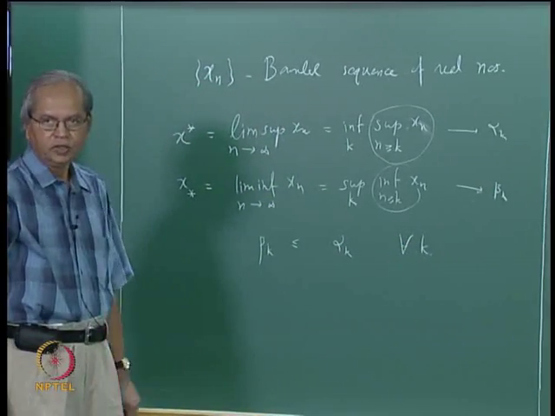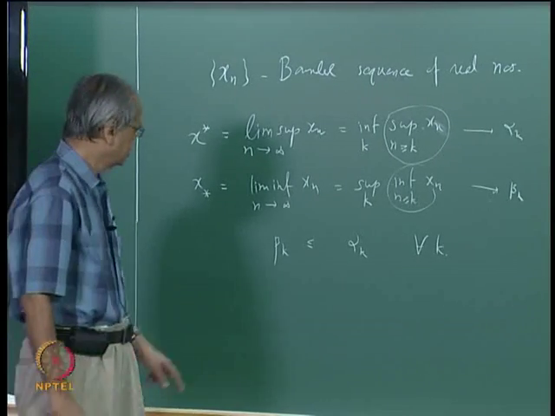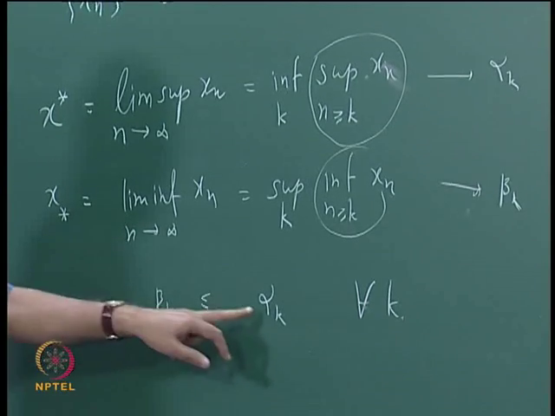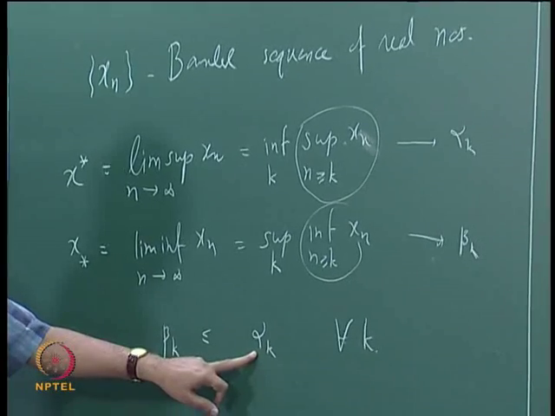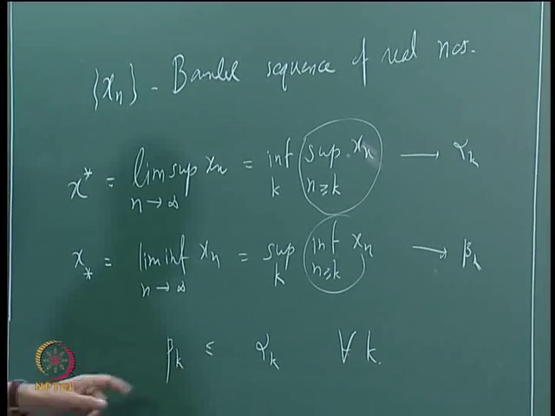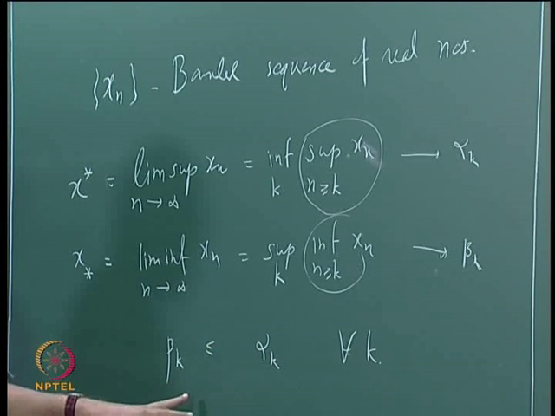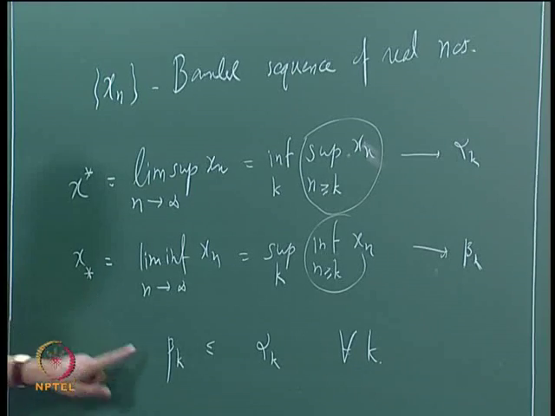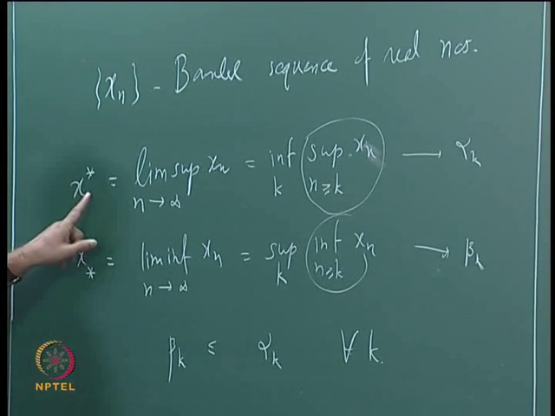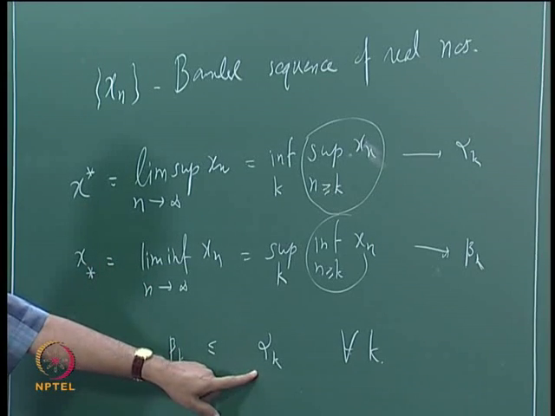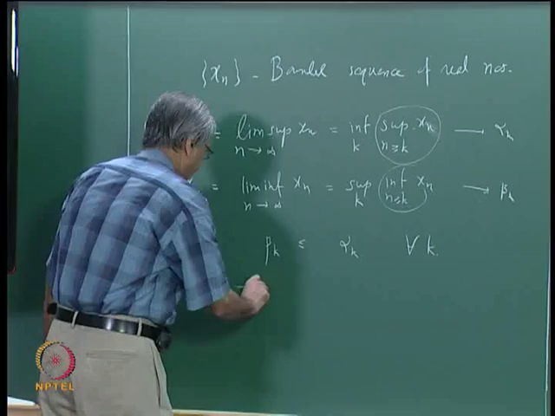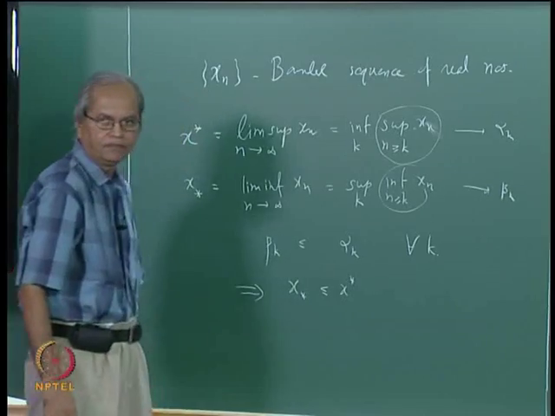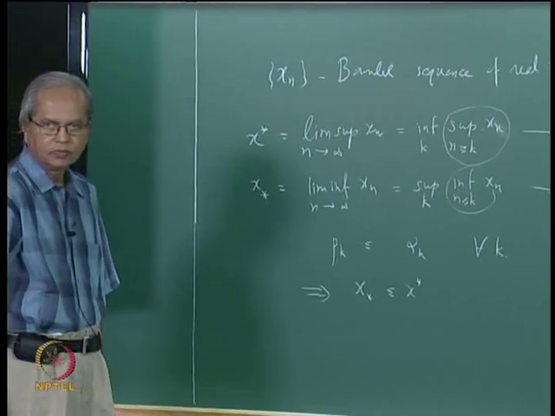So x subscript star is the limit of beta k, and x superscript star is the limit of alpha k. Is it clear that this implies that limit inferior is always less than or equal to limit superior? That is true.